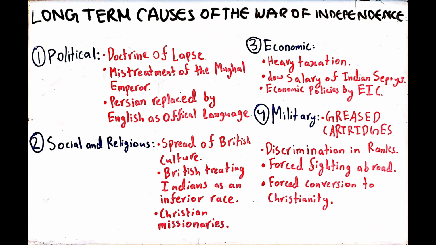Point number three, or you could say religious point, is that the British introduced Christian missionaries, which was basically teaching Christianity, and the Indians did not like that because they felt that their religions were being threatened, like Islam, Hinduism, Sikhism.